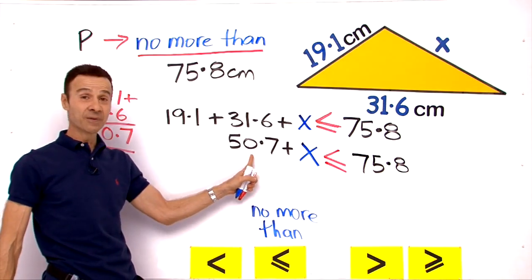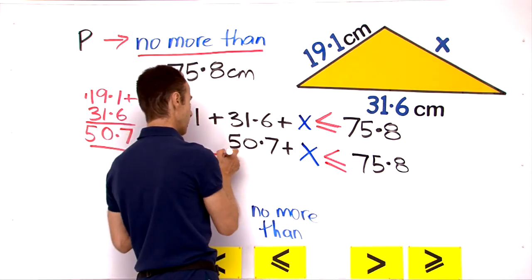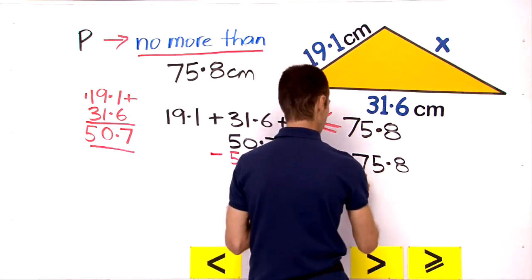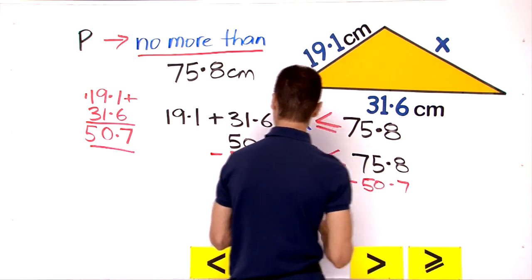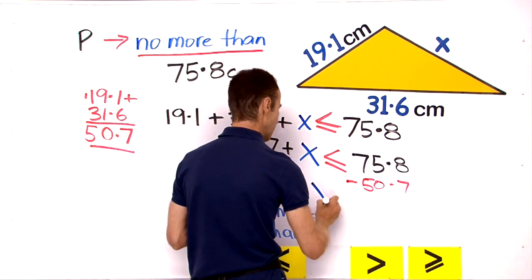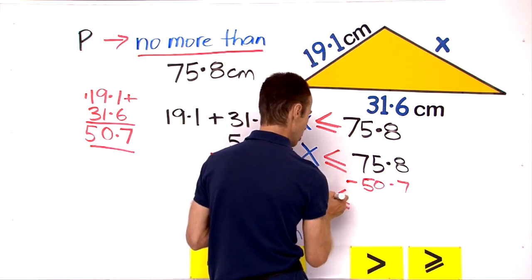Well, let's take away 50.7 from both sides. Take away 50.7 and take away 50.7. So we take that away from both sides. We're left with 0 on the left-hand side. So we just have the X here, which is less than or equal to, no more than.